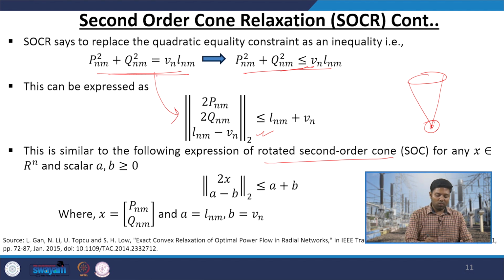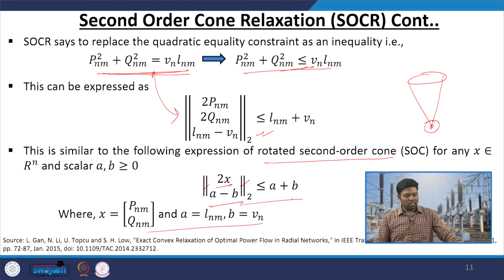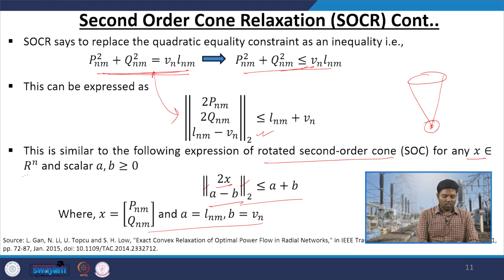Now we will see whether we can represent these equations like that, if we can represent it as a cone expression or not. Remember this is the expression for a cone. This is a second order norm or L2 norm. Okay, if you can represent an equation like this, then it will define a rotated second order cone for any value x in the real domain and a, b scalar terms which are positive scalars.